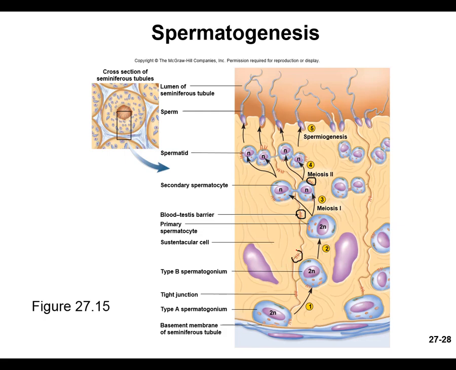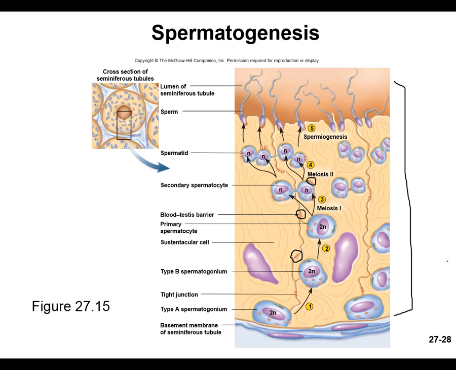This is the barrier between the bloodstream and having contact with the sperm, because these are now becoming genetically unique cells that we don't want antibodies formed for, and we don't want the immune system to mount an attack against. So that is an important aspect of it. Now, this whole process, going from this to this, takes about 70 days to produce these sperm.